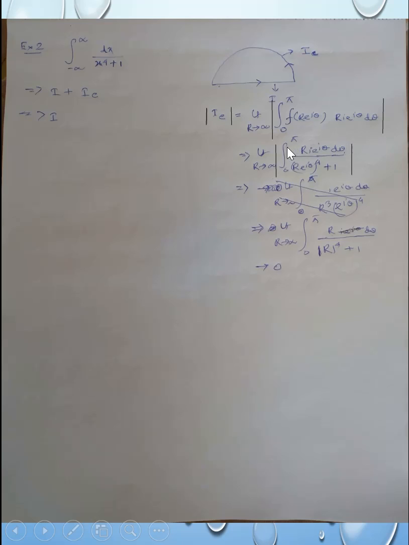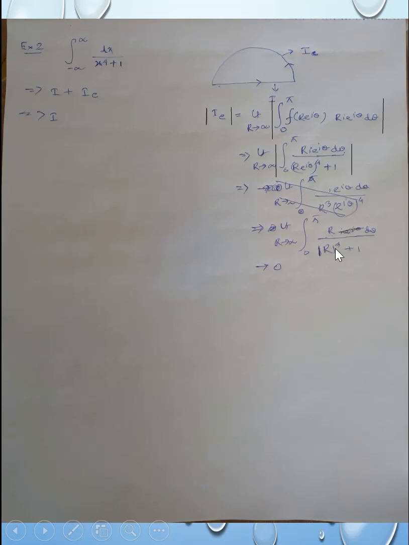Now when you are calculating the modulus, you know that for a complex number r e to the i theta, the modulus is r, right? So here, when we calculate the modulus value, we simply get r.